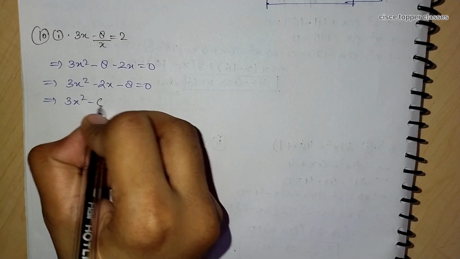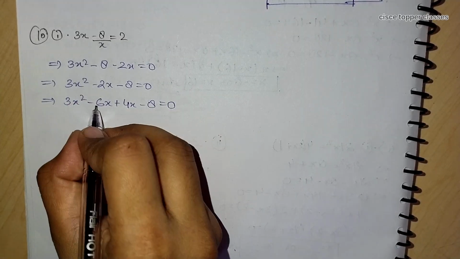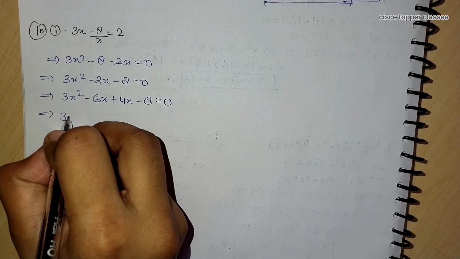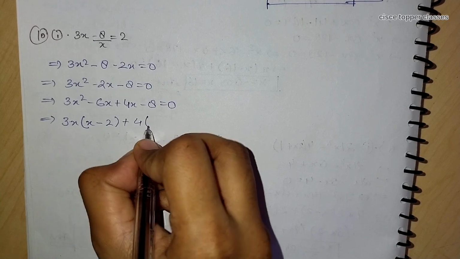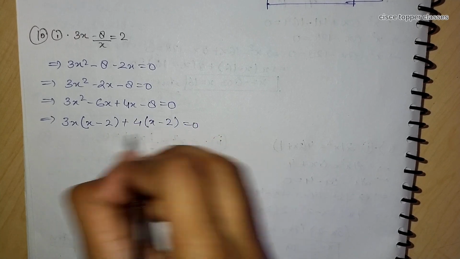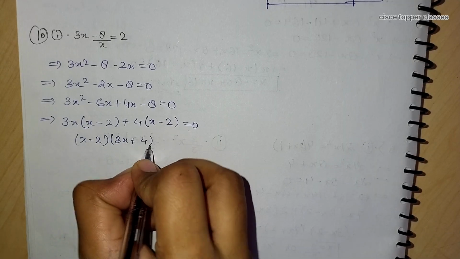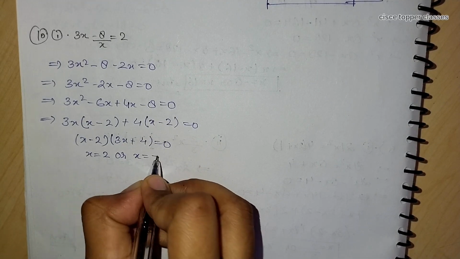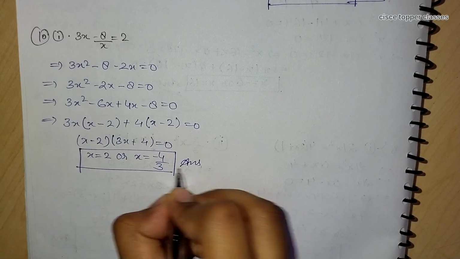So 3x square minus 6x plus 4x minus 8 equal to 0, because 6 into 4 is 24 only. So 3x taking as common x minus 2, and 4 as common x minus 2 again. So x minus 2 and 3x plus 4 is equal to 0, and x is equal to 2 or x is equal to minus 4 by 3 is the final answer here in this question.